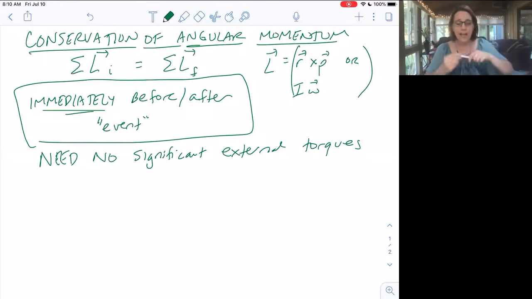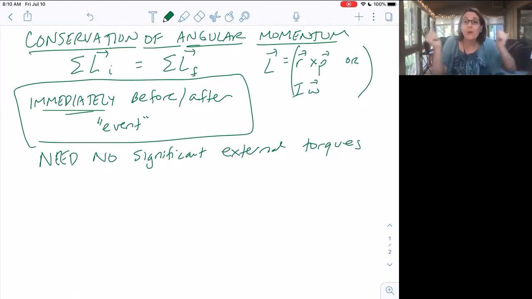So instead, conservation of angular momentum will apply, for example, with an ice skater spinning on the ice, and we're going to ignore any friction from the ice. And then she's able to move her hands in. And what she's doing, the event in this case, is changing the moment of inertia of the system, not the angular momentum.